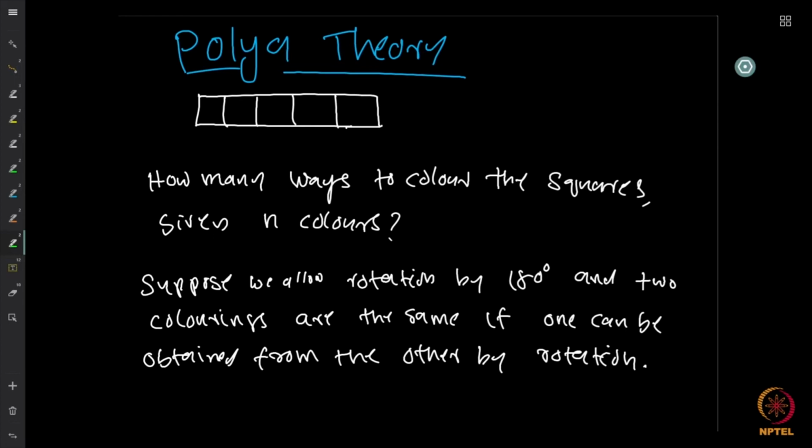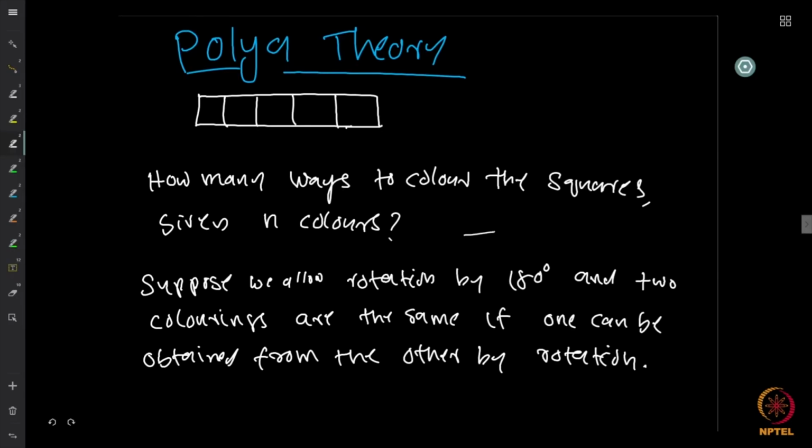So for each cell, you can decide which color you want to use, and then you have to color. Now, the first question that arises in combinatorics is how many different ways I can do this coloring. So how many different ways are there to color these 5 squares given n colors?